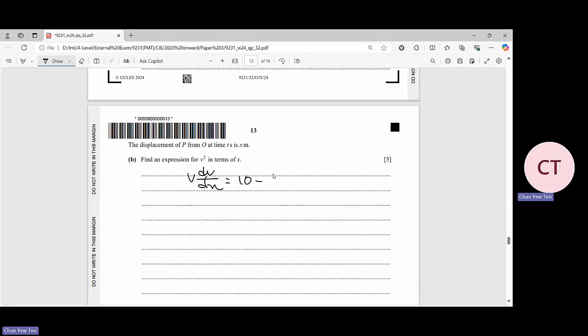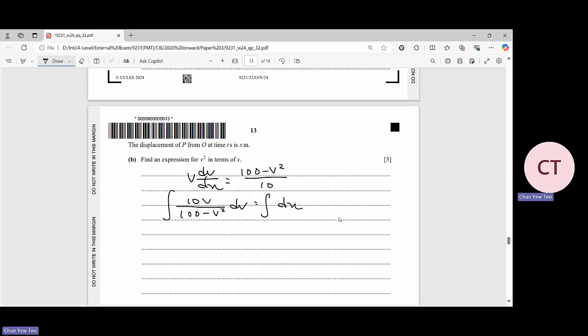So it's a equals 10 minus 1 over 10 v squared. So this time I combine them into one fraction, that will be better: (100 - v squared) over 10. So I have 10v over (100 - v squared) dv equals integrate dx.